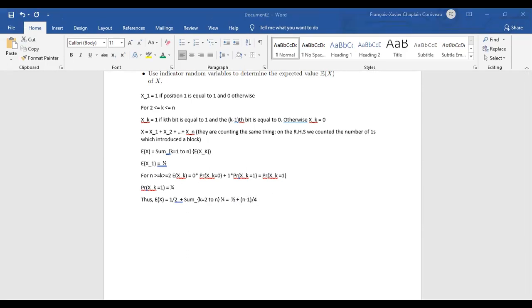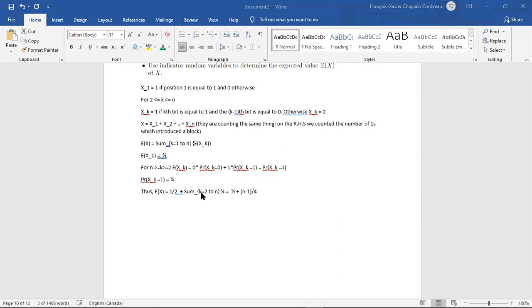Yep. Why were you able to bring the 1/2 out of the summation? Why was I? Because I could just put it back in, right? Since I started at 2, I essentially said, well, this summation here, I can just pull it out. I can say, okay, well, it's equal to the expected value of 1 plus if I started at 2 instead.